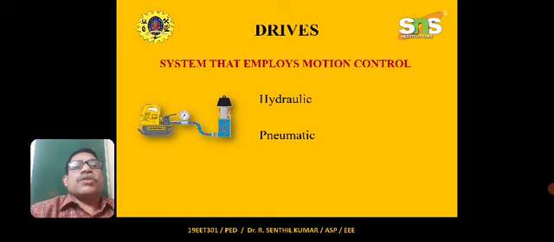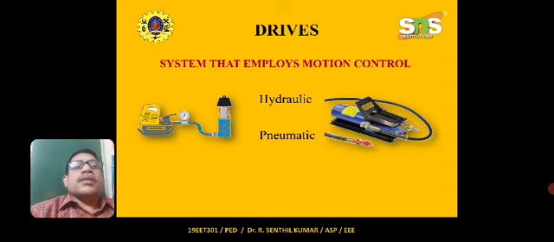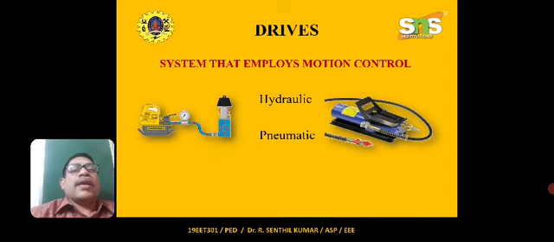Here again, the next drive is whether hydraulic or pneumatic, the new word that comes into the picture. Any answers? I think this is the hydraulic drive. The oil tank is on the right-hand side, therefore it is the hydraulic drive.